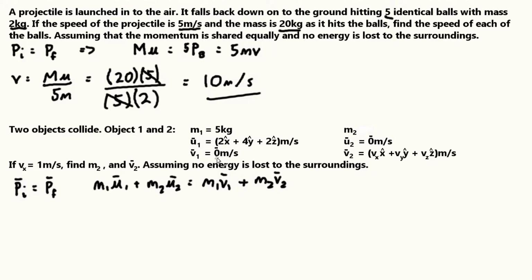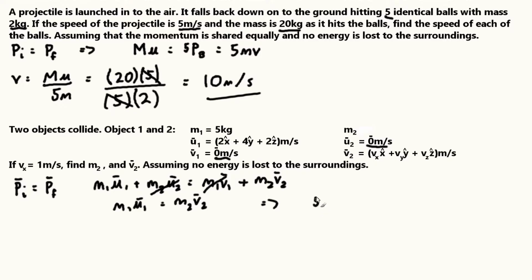As you can see, our v1 and our u2 vectors are null vectors, and therefore these terms will go to 0 or to null, and so therefore we can cross them out. This leaves us with m1 u1 equals m2 v2. Let's sub in what we know about these.